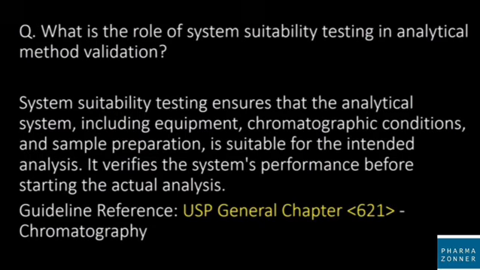What is the role of system suitability testing in analytical method validation? System suitability testing ensures that the analytical system, including equipment, chromatographic conditions, and sample preparation, is suitable for the intended analysis. It verifies the system's performance before starting the actual analysis. Reference guideline USP chapter number 621.